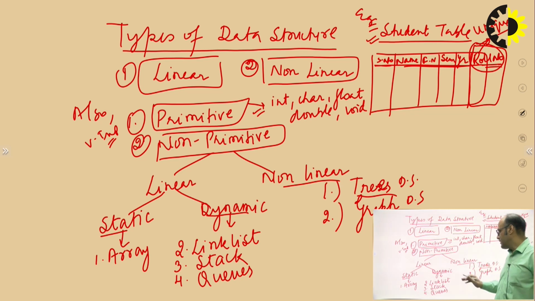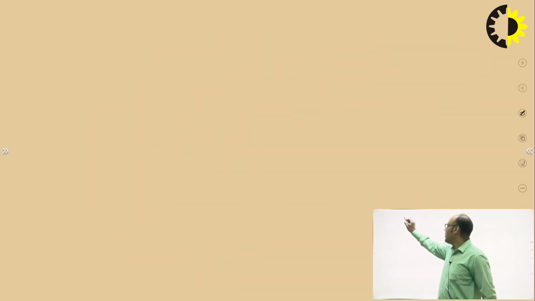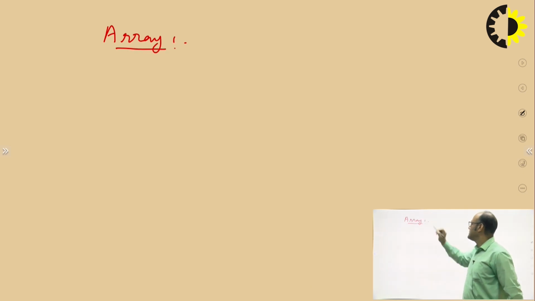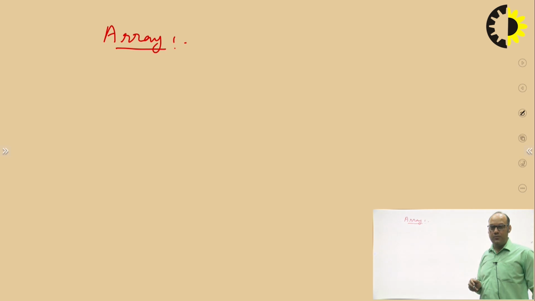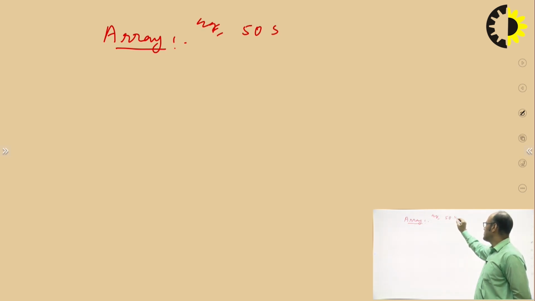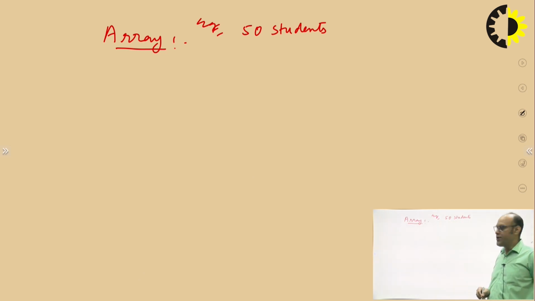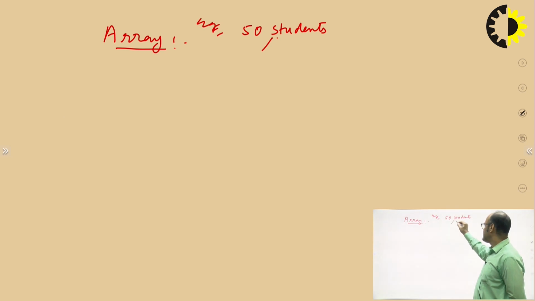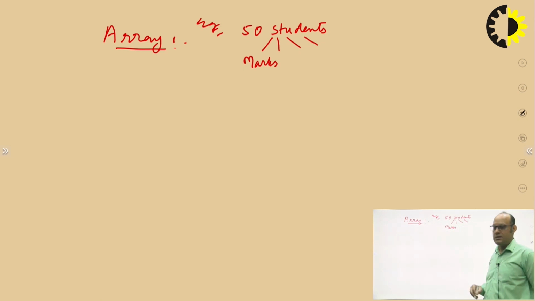So first of all, I will briefly give you an introduction to these types of data structure. Array. So what is an array? What is the requirement? Let me elaborate with an example. For example, I want to keep the record of 50 students of a class, and a teacher told you to keep the marks of these 50 students.